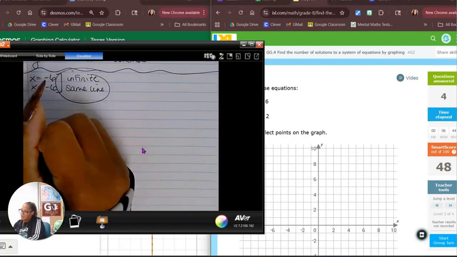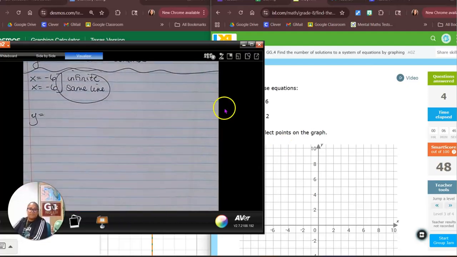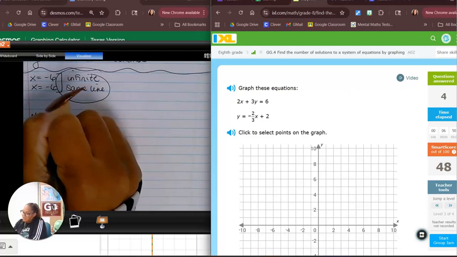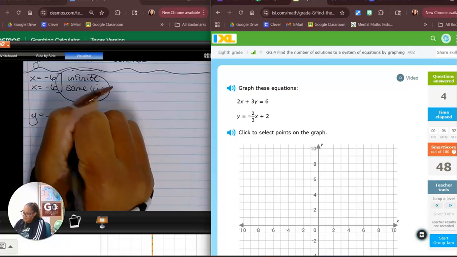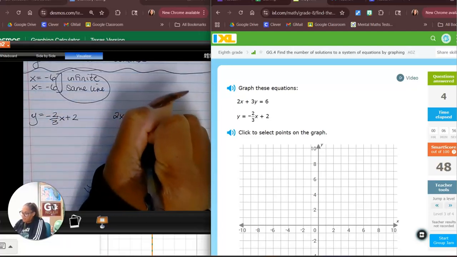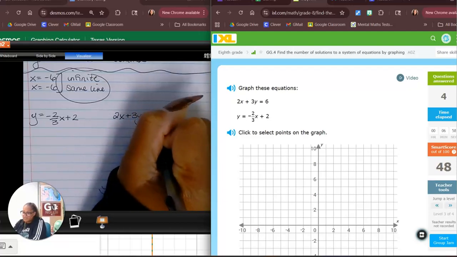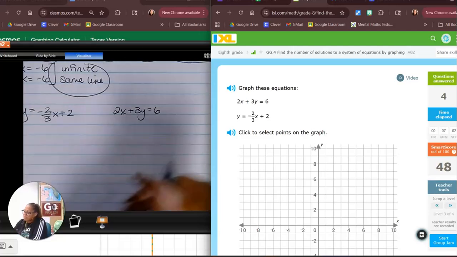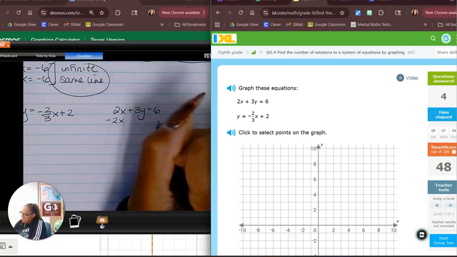Let's see here. y equals, what was the first one that's already in y equals mx plus b form? -2/3 x plus 2. And then I have 2x plus 3y equals 6. So I must solve for y over here by subtracting 2x from both sides.